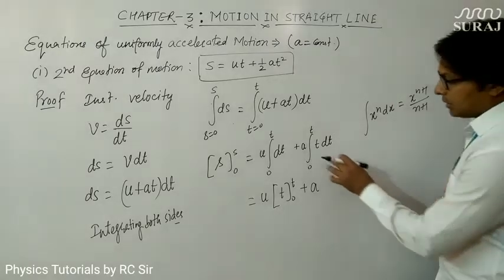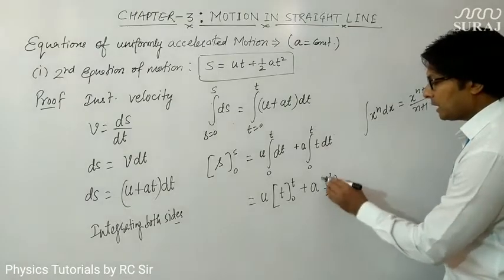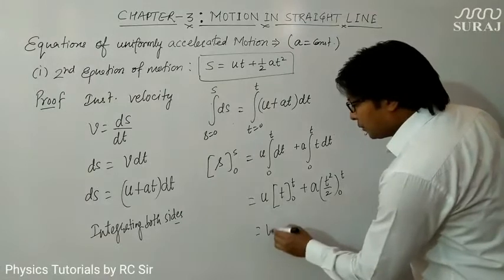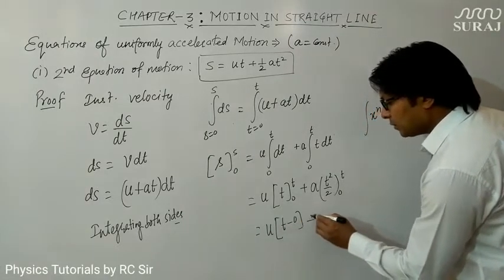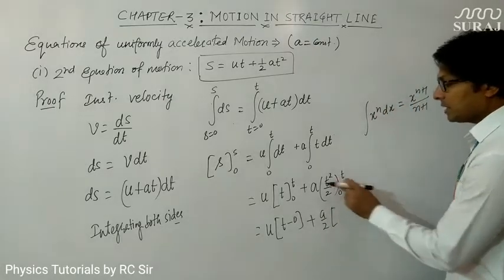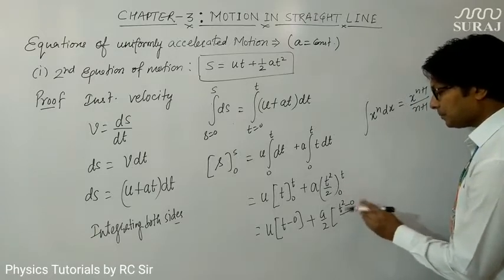So the integration of t dt will be t square by 2, with the limit from 0 to t. Now for u, we put the upper limit t minus the lower limit 0, and this is a by 2, with upper limit t and lower limit 0.